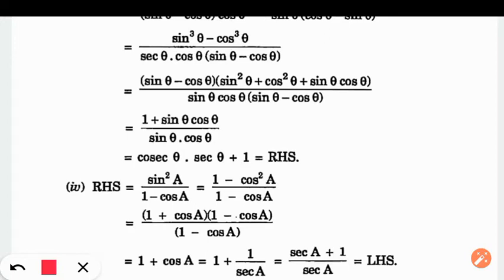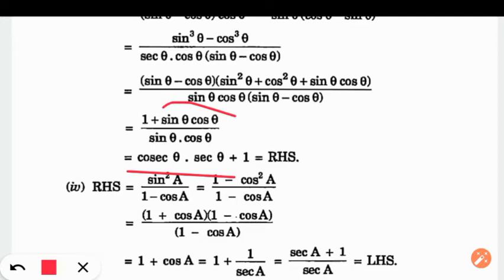Now what we need to do is separate the denominator. When sin theta cos theta becomes the denominator of 1, it will become 1 by sin cos. So 1 by sin theta into 1 by cos theta is what? Sec theta into cosec theta.